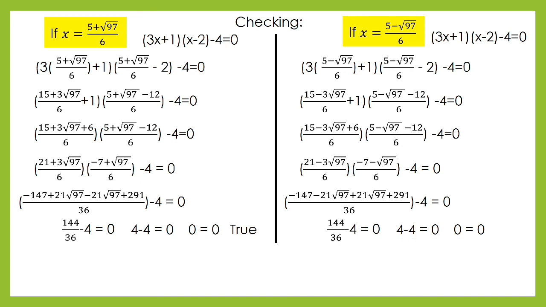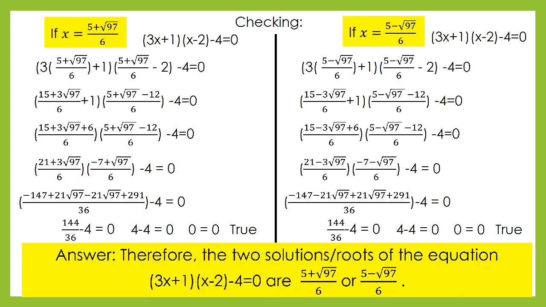Okay, so our solutions satisfy the equation. Okay, they are true. Therefore, the two solutions or roots of the equation 3x plus 1 times x minus 2 minus 4 equals 0 are 5 plus square root of 97 all over 6 or 5 minus square root of 97 all over 6.